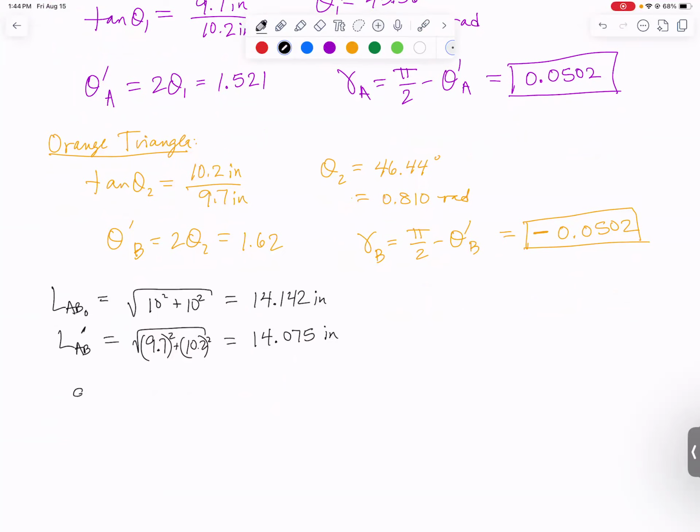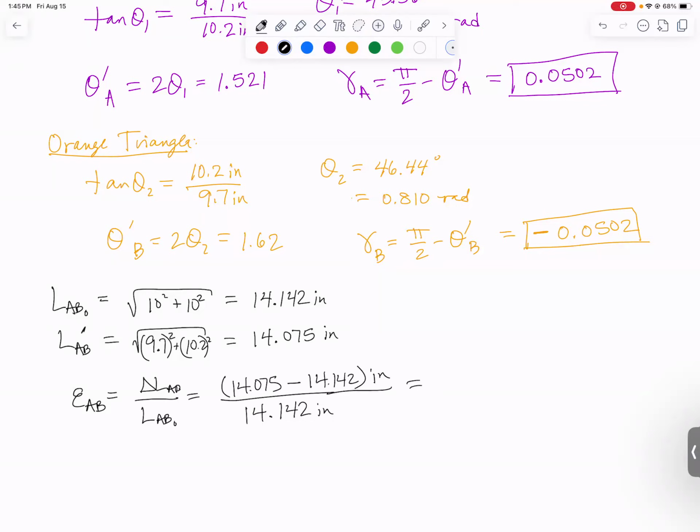So now if I want to find the strain in AB, what I need is delta L for AB divided by L initial for AB. Well, the L initial for AB, that's 14.142 inches. And now delta, that's the final length, 14.075, minus the original length, 14.142, and those are both inches.